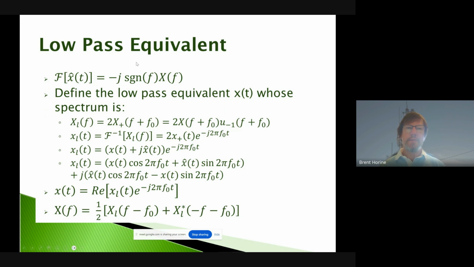The takeaway that I want you to have is that we can transform a bandpass signal into this low pass equivalent version of it, do our modeling at this much lower sample rate, and then take those results and re-expand them to the bandpass version, right?